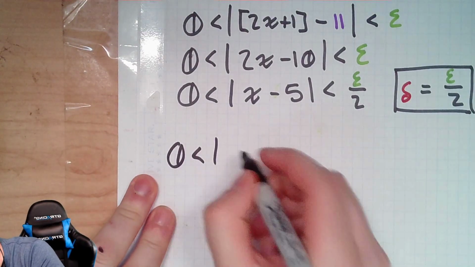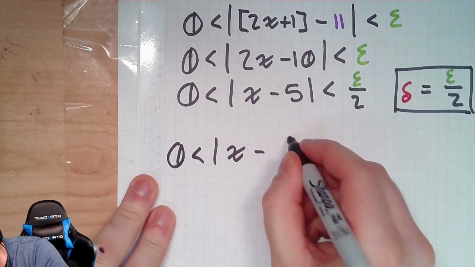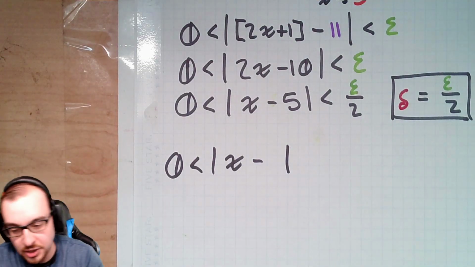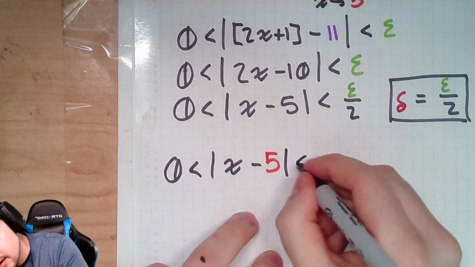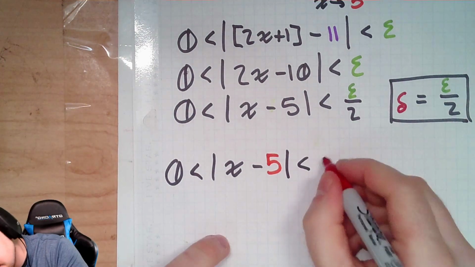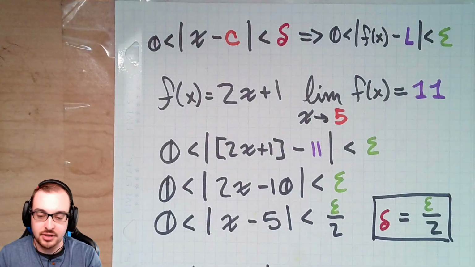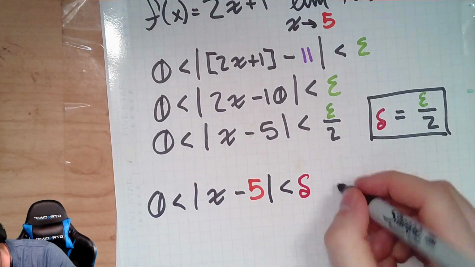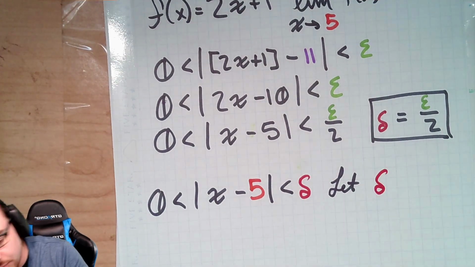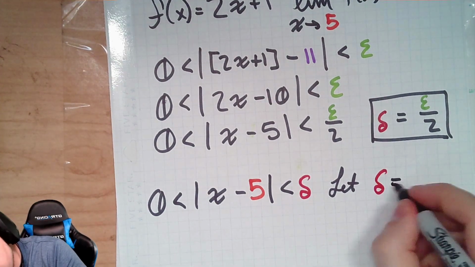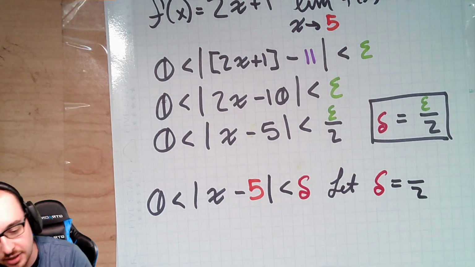So we're going to start here. We have some distance between our range and where we're centered around, and we're centered around 5 horizontally. That distance is delta. And we're going to prove that for any delta, it will imply any epsilon, any shrink there. So we're going to use this fact, and we're going to say let delta be related to epsilon in this way, that it is always half of epsilon.